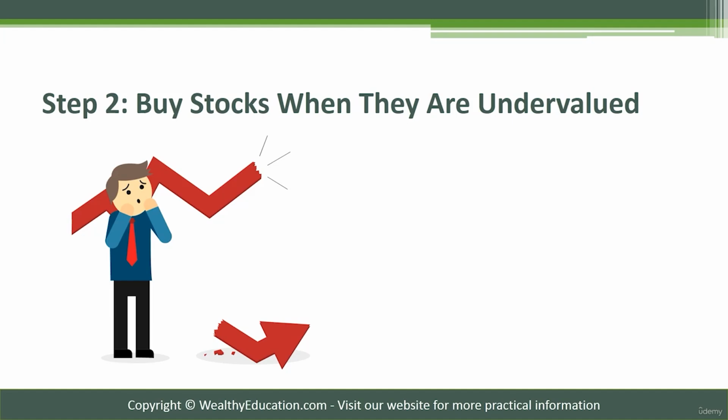A strong company can easily become temporarily undervalued for a number of reasons. These can include one-time events, such as internal scandals or negative news reports that cause disillusionment, but make sure that these events don't cause the company to lose its competitive edge or its ability to go about its business as usual.